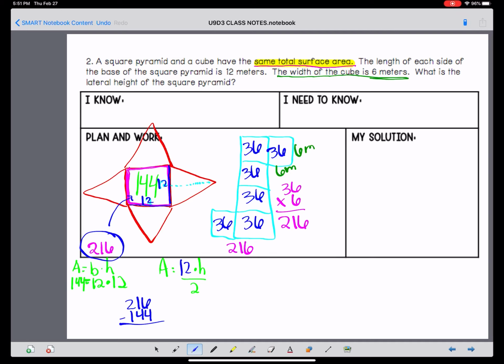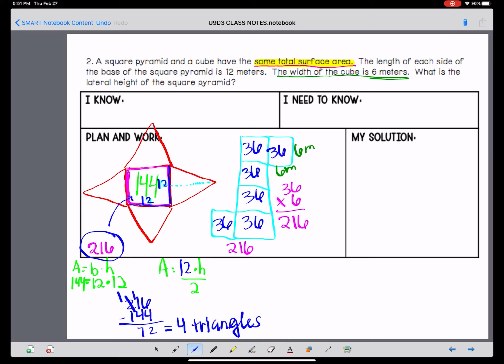So let's go ahead and do this. 6 minus 4 gives me 2. I'm going to have to regroup. It looks like the total surface area for the 4 triangles is 72. I'm also showing my work so you're aware that the 4 triangles equal 72 meters squared.